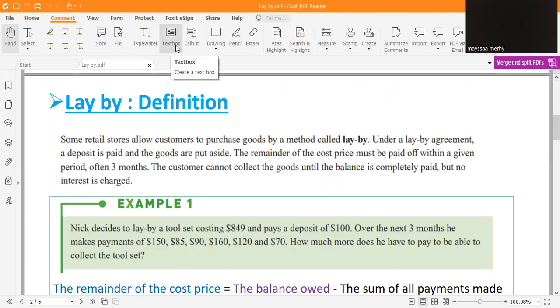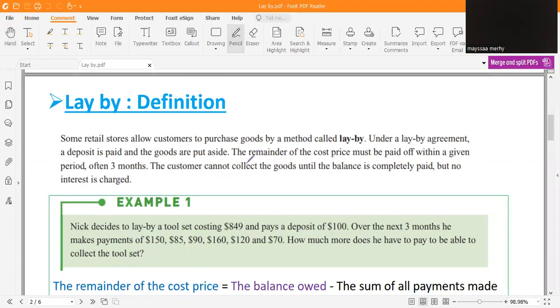The goods remain in store. The remainder of the cost price must be paid off within a given period, often 3 months. The customer cannot collect the goods until the balance is completely paid, but no interest is charged.